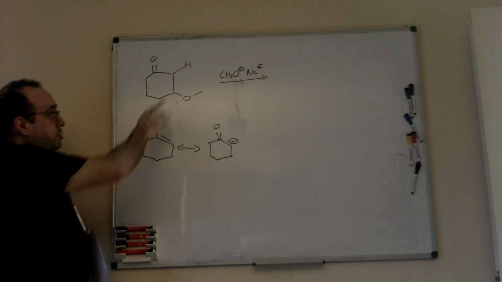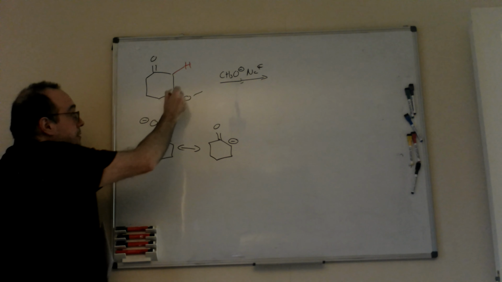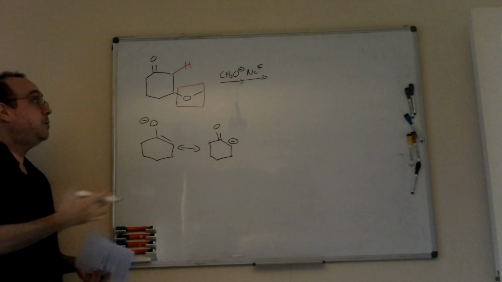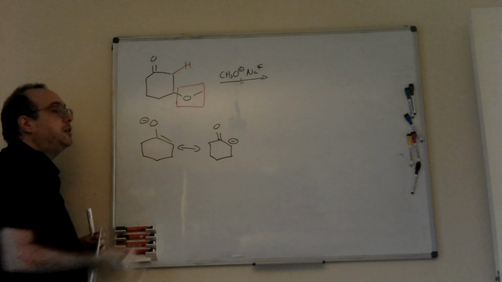And why do we choose this hydrogen and not this hydrogen? Because the leaving group is here. We need the leaving group one carbon away from the hydrogen, or just the opposite, we need the hydrogen one carbon away from the leaving group.